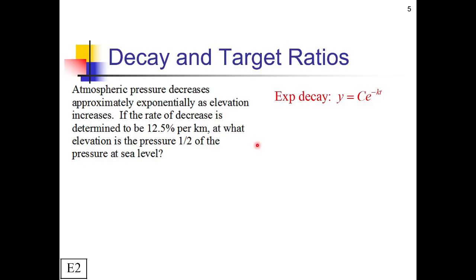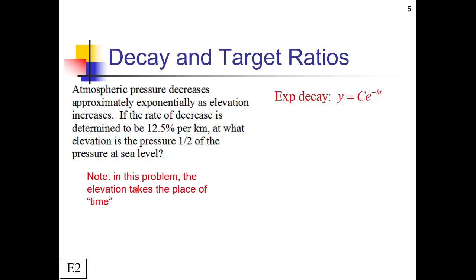Now, on this problem, they wanted to know at what elevation is the pressure half of the pressure at sea level. So just in terms of input and output variables, we have atmospheric pressure decreasing as a function of elevation. So pressure is the y values, the output values, and the input value then is elevation. So in this scheme, elevation is actually your t value.